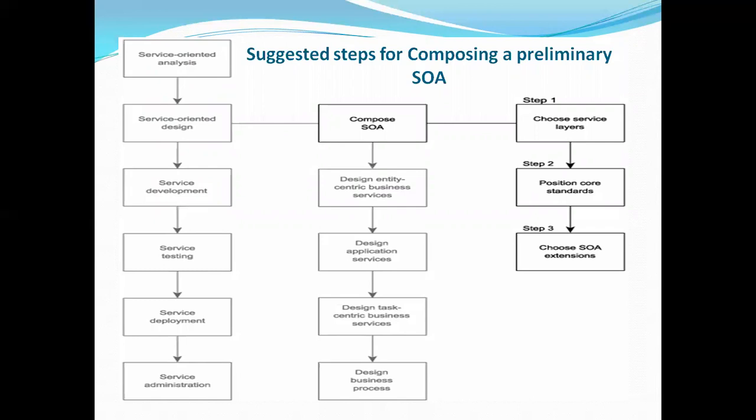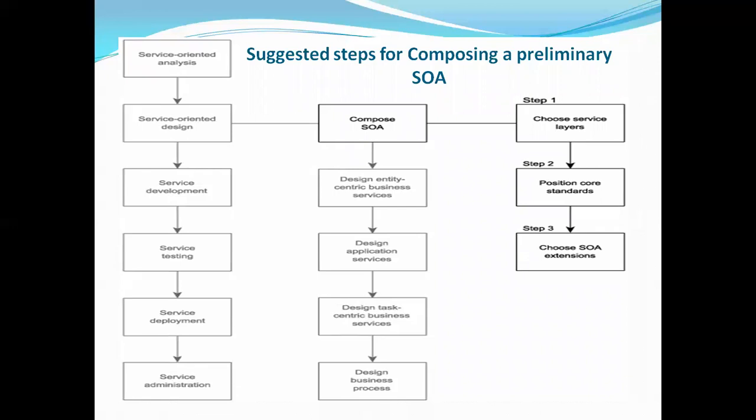Step 1 is choose service layer. We are identifying the service candidate, and after identifying the service candidate or choosing the service layer, the next thing is position core standard.